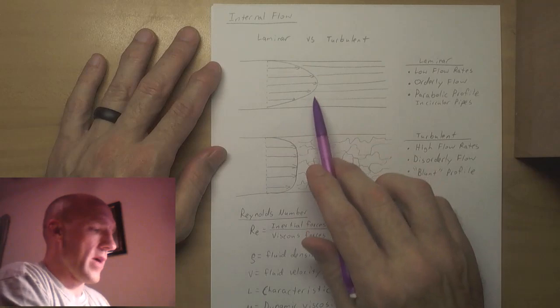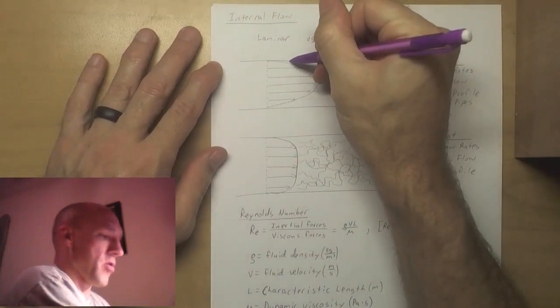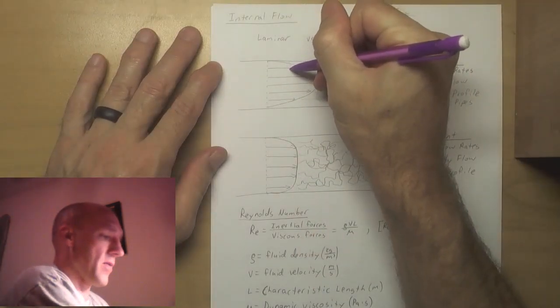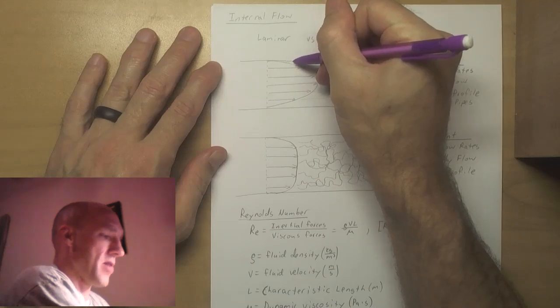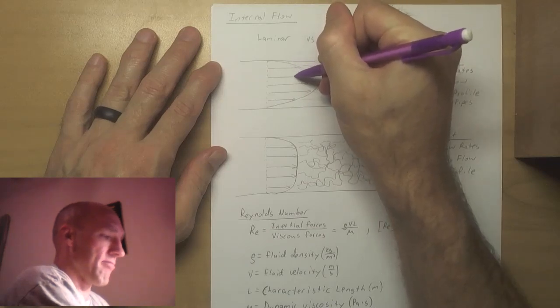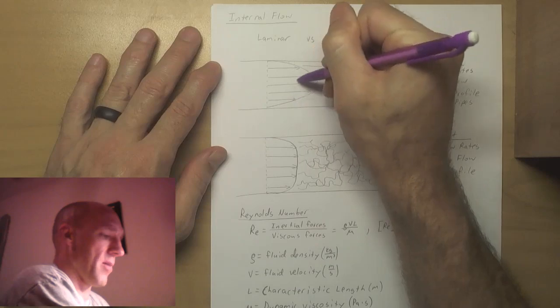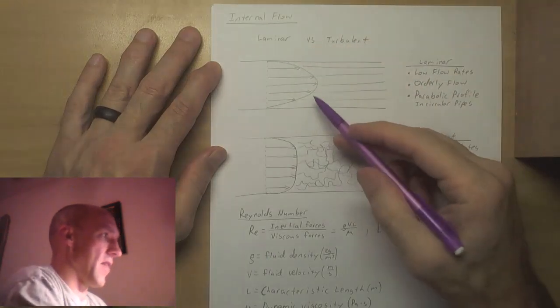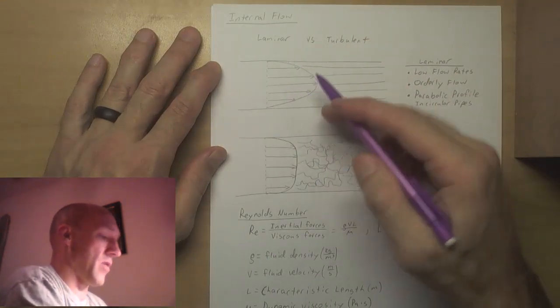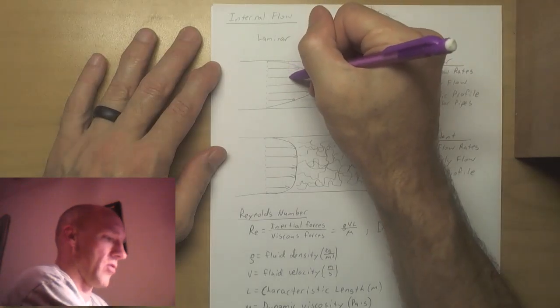Another thing you'll notice is that the average velocity is a significant amount less than the max velocity. In fact, it comes out to be exactly one half.